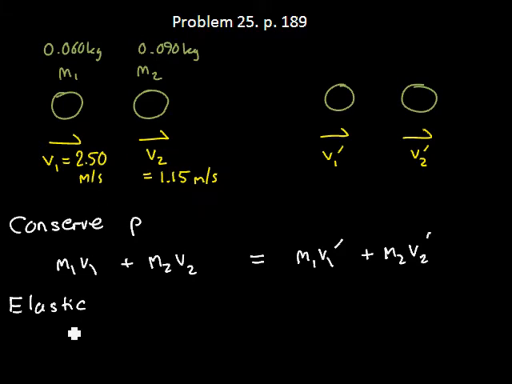So it's telling us that v2 minus v1 is equal to minus (v2 prime minus v1 prime). And we want to combine these two equations in order to find the two unknowns, v1 prime and v2 prime. I'm going to do that on the next page.